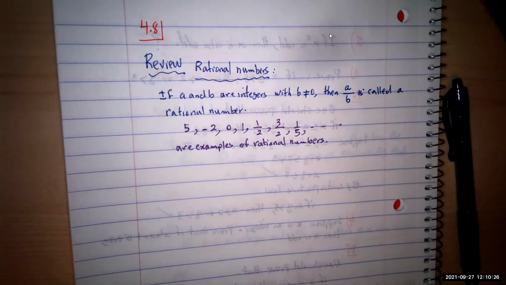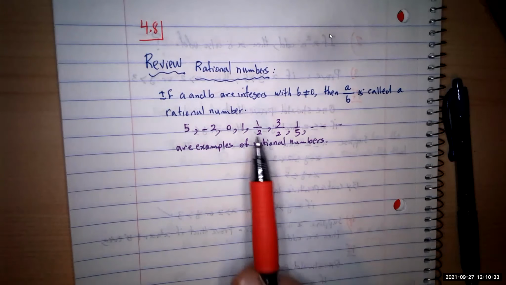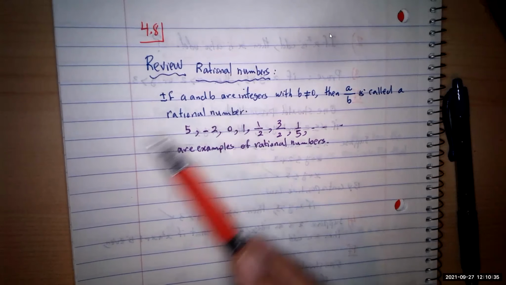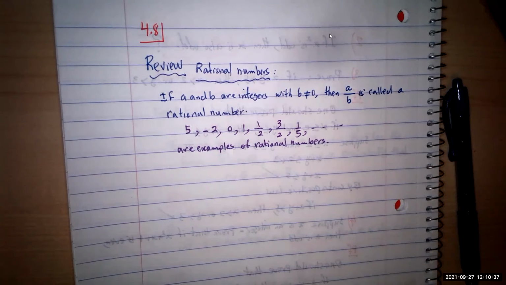Now what can we do with rational numbers? Fundamental operations: addition, subtraction, multiplication, and division. We say that the set of rational numbers is closed under the fundamental operations.